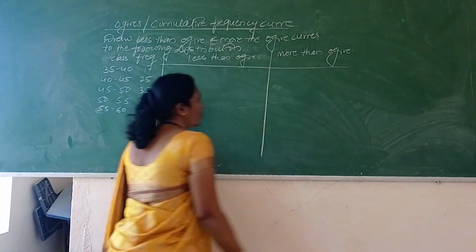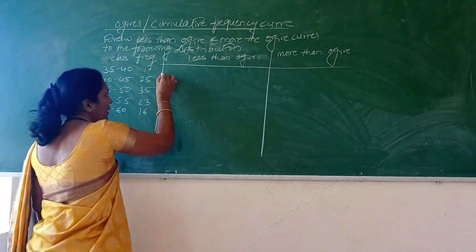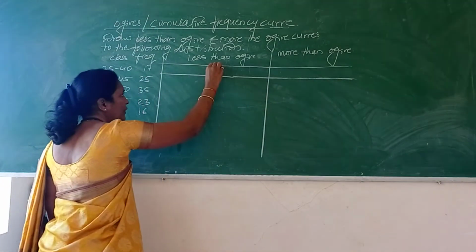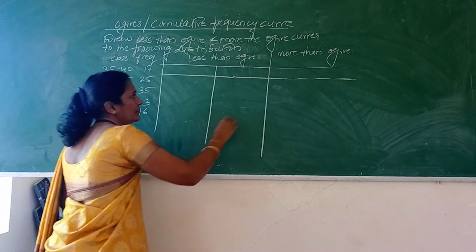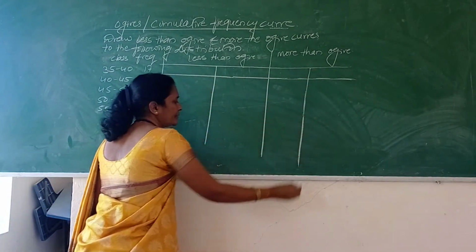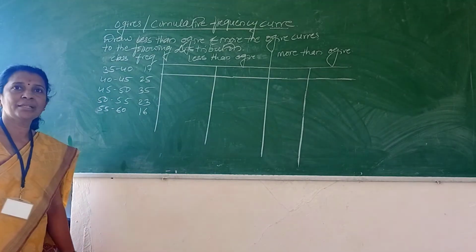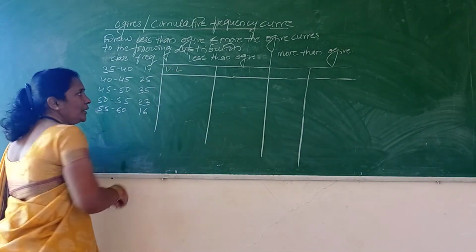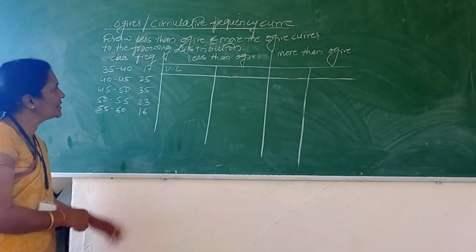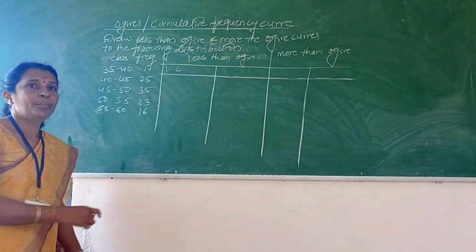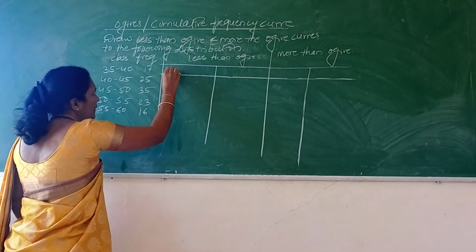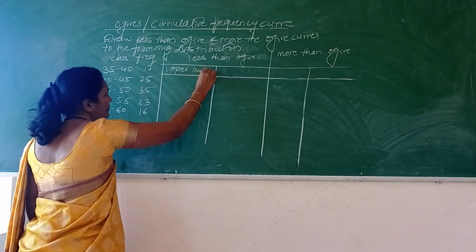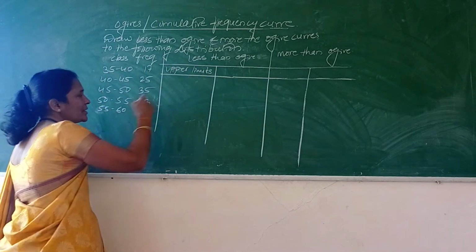So what is to be taken into account? Divide it into two parts. For less than Ogive, you have to take upper limits of all the classes. In short, I have written UL for upper limits. Otherwise, I will write it in full form. Upper limits of all the classes.